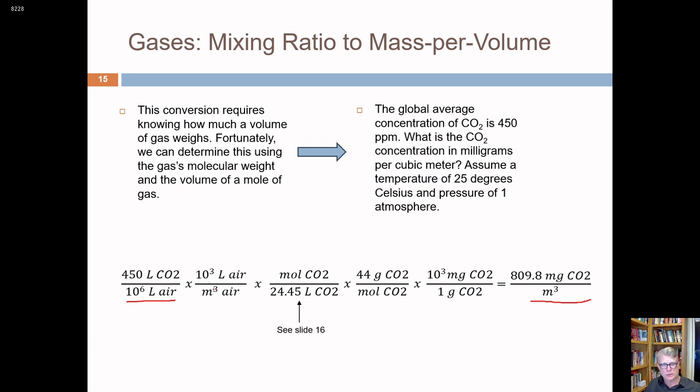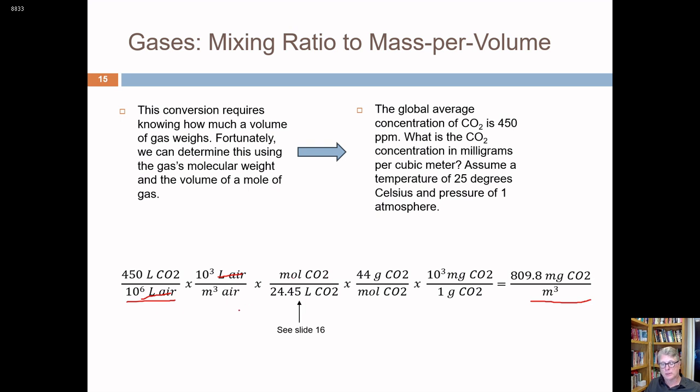So we'll introduce that equivalency and we'll cancel out our liters of air. And so we've taken care of the denominator right away. Next step. Let's convert this liters of CO2 to moles of CO2.